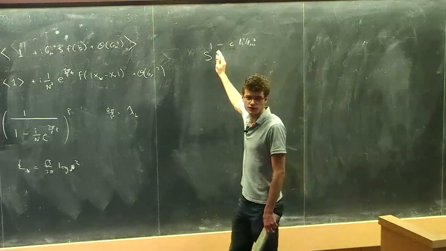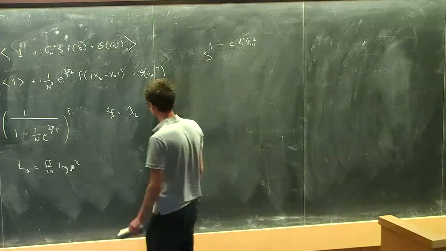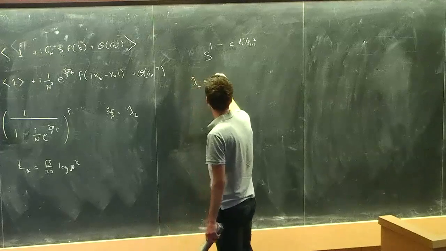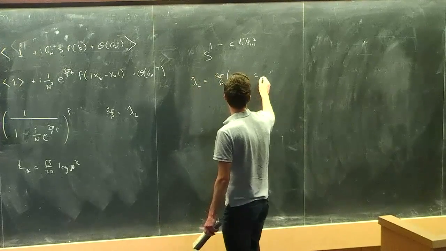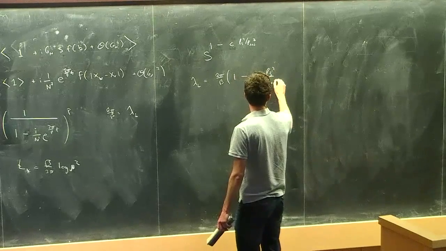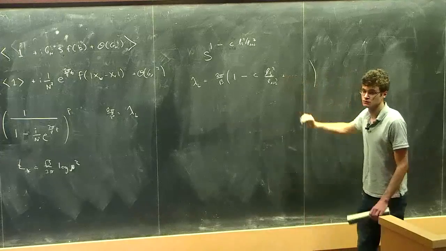In other words, this amplitude is always growing less rapidly than in gravity. That means that the string-corrected Lyapunov exponent would be 2 pi over beta times 1 minus this constant times L string squared over L AdS squared, plus higher order in the alpha prime expansion.